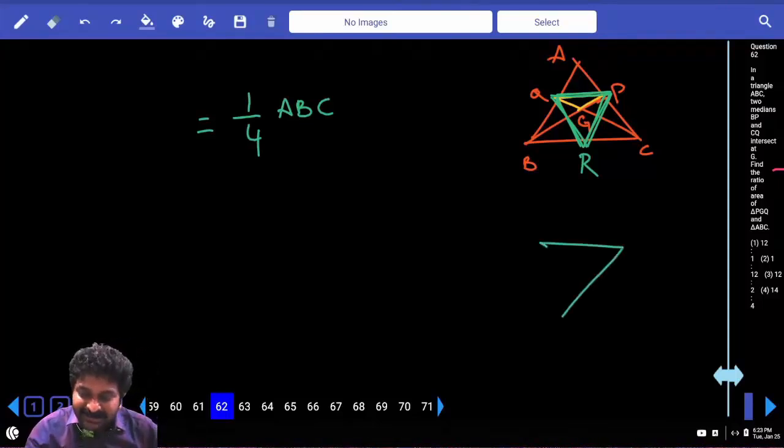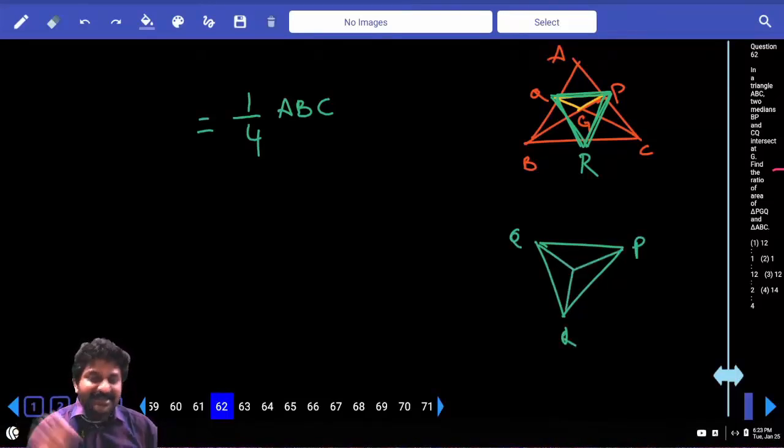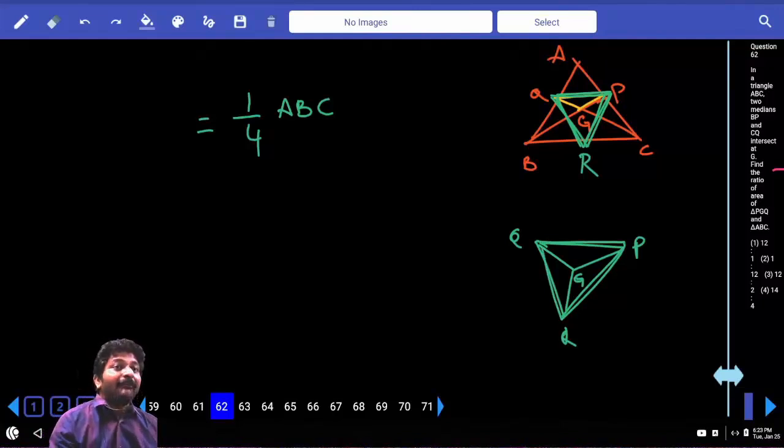Now let me consider PQR. So here G is the centroid. Now triangle PGQ area is equal to what fractional part of PQR? 1/3.